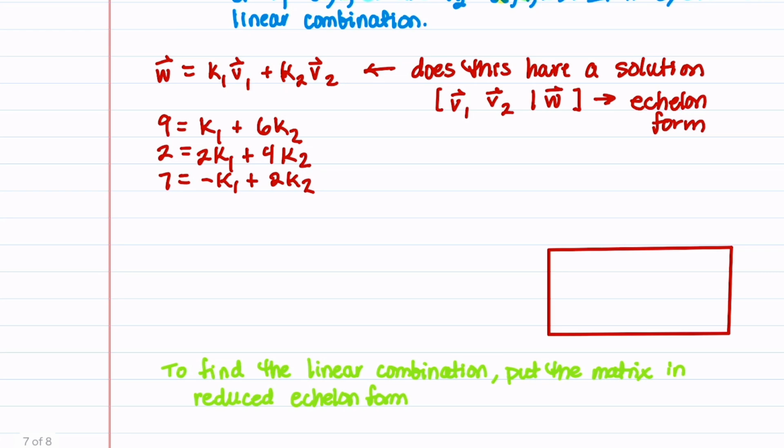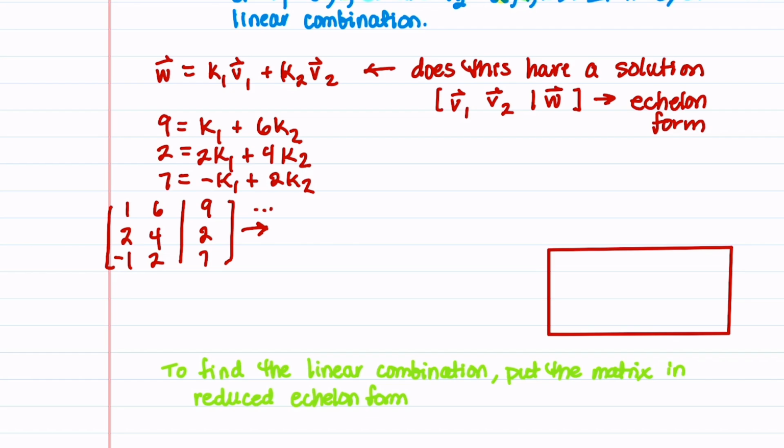Now we're prepared to write down our augmented matrix. That's going to look like 1, 2, minus 1, 6, 4, 2, augmented with 9, 2, 7. And we're going to put it in echelon form. I am not going to go over the in-between steps, since we just went over that previously.